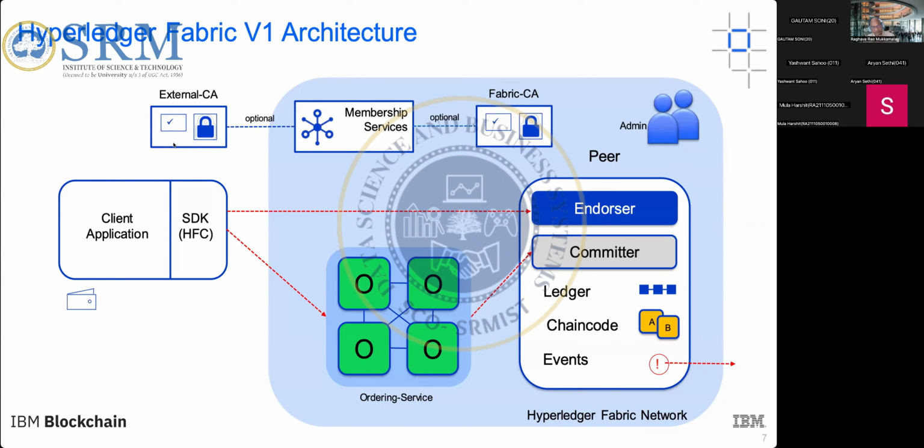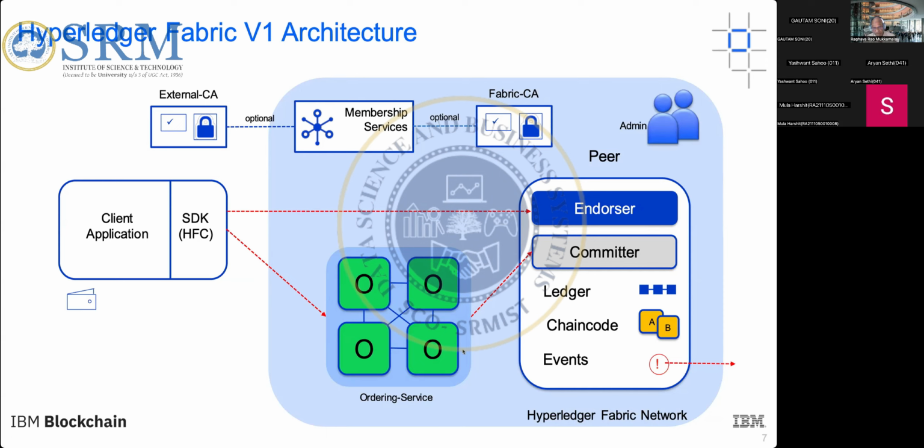For example, if you want to use digital certificates, then you can easily plug in an external CA, or you can also have your own CA. Basically, this is nothing but generating public and private keys with some information. And you can also have the membership services or access rights and things like that. All of these are pluggable components.